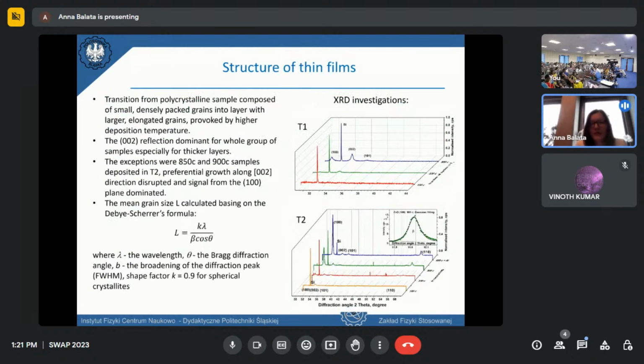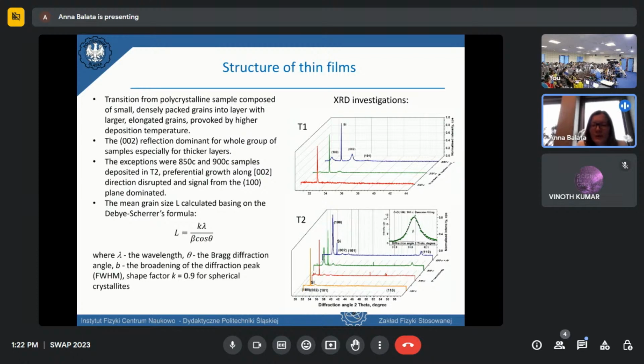So we started with investigation of the structure of thin films. Here you can see XRD investigations. You can easily notice the typical zinc oxide peaks. However, layers deposited at T1 were slightly different because the reflection from the 002 plane was dominant for the whole group of samples, especially for thicker layers.